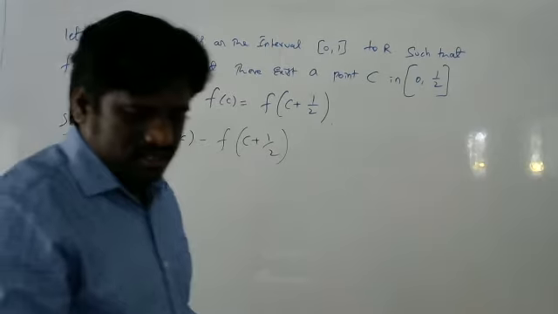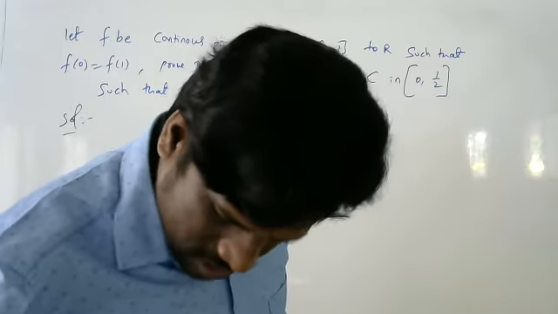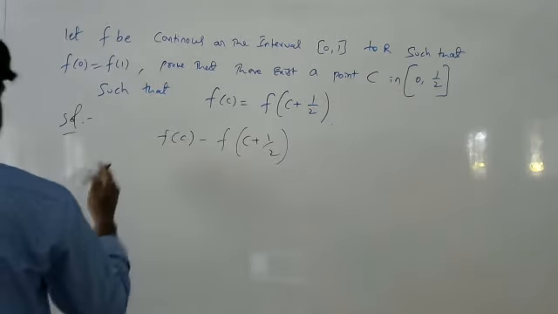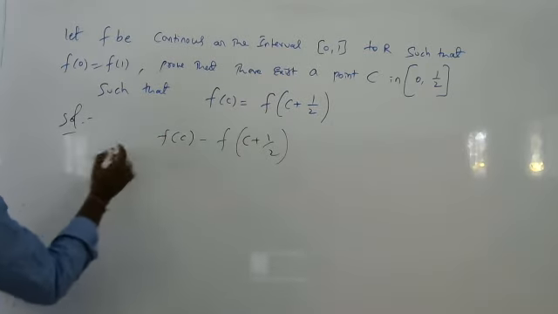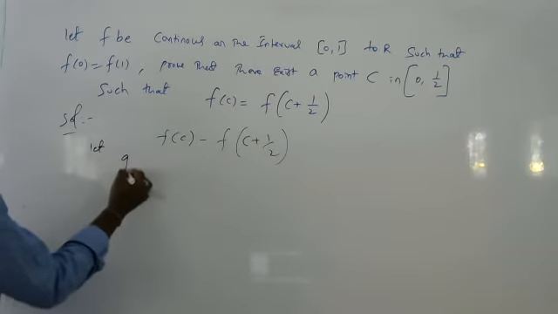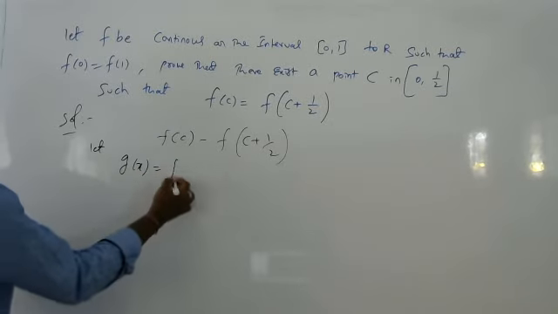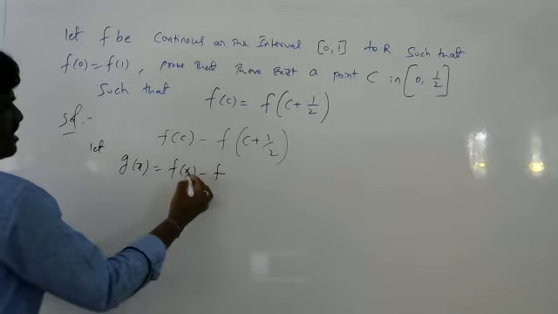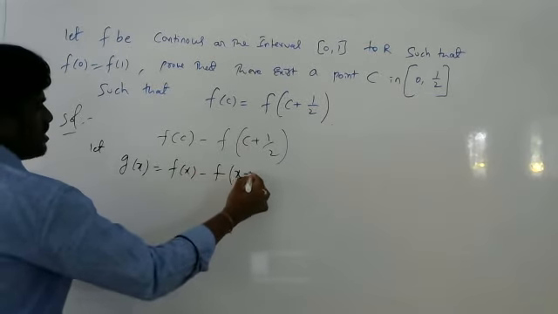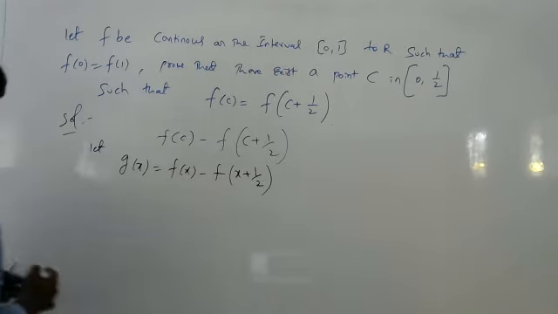Assume this is some g of x. Let us assume that g of x is the function f of x minus f of x plus half. This is the way to do it.